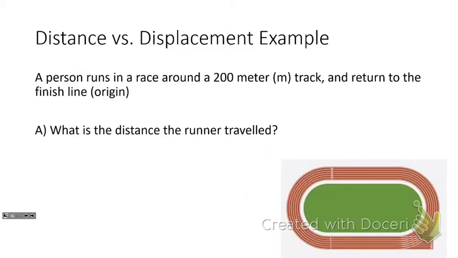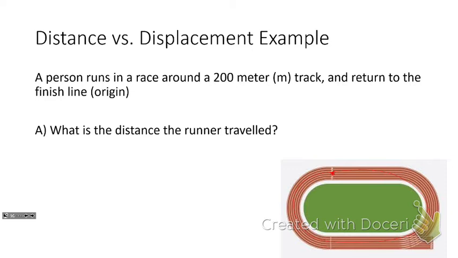Let's go over an example for distance and displacement. A person is running around a 200-meter track and then returns to the finish line, the starting line. It's the same thing. So if we're starting here, the person runs all the way around the track and returns to the origin.